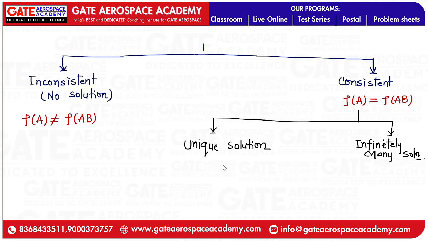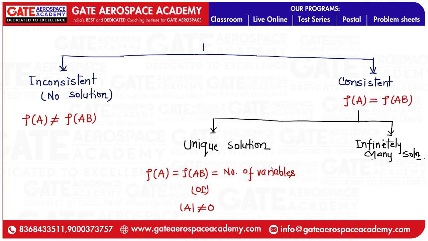Now again we are going to remember the condition for this. If rank of A equals rank of augmented matrix [A|B], and this equals the number of variables, then we will say this is the case of unique solution, or we will remember det of A is not equal to 0.